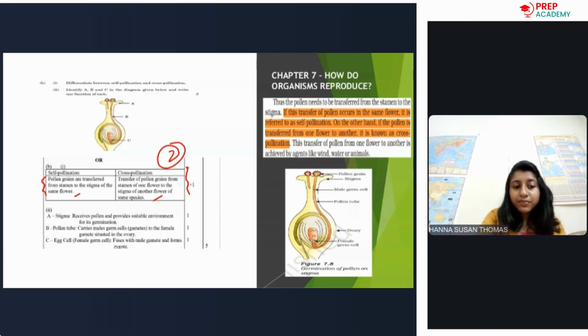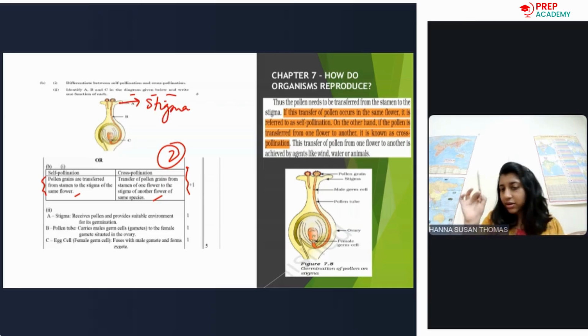Then, in the second part: identify A, B, and C in the diagram given below and write one function of each. So here you can see A is stigma.